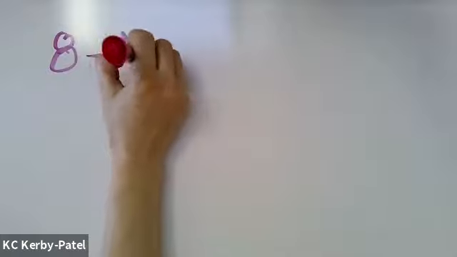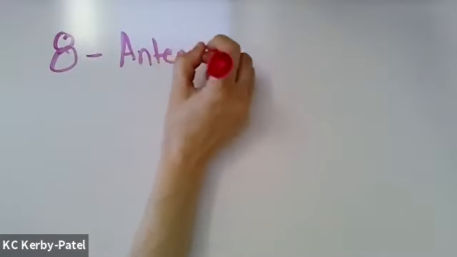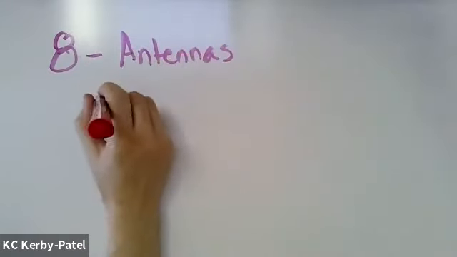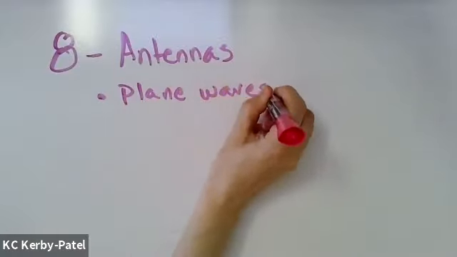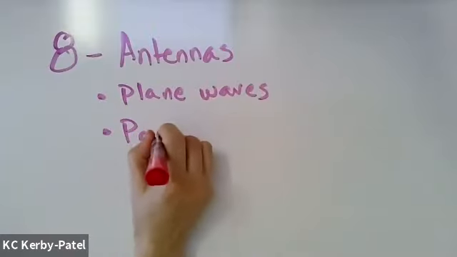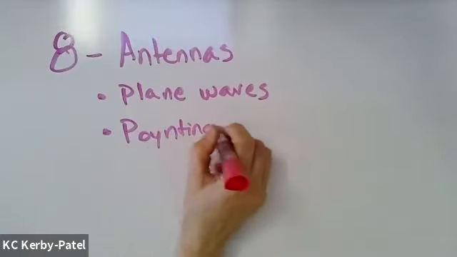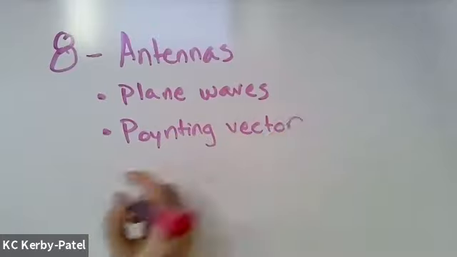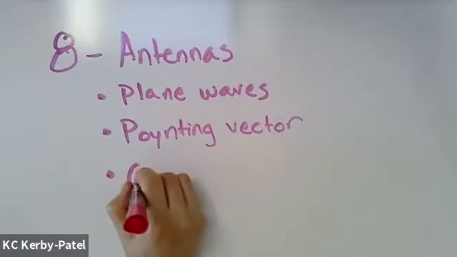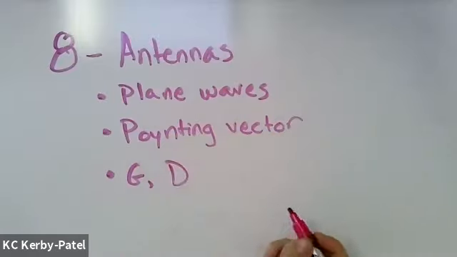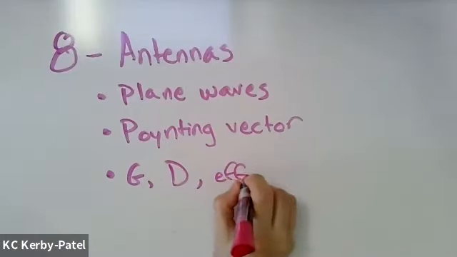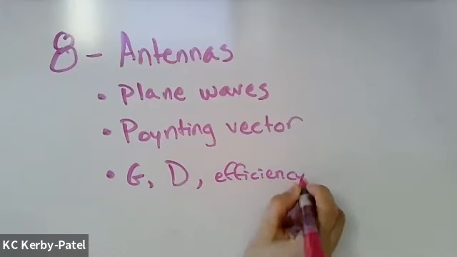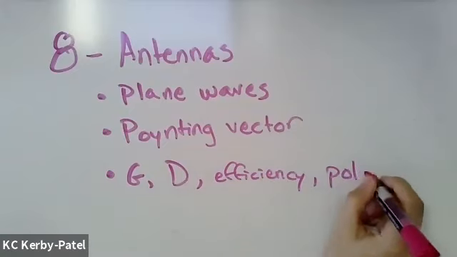And then we had chapter 8, antennas. We talked about plane waves again. We talked about the pointing vector. We talked about antenna metrics, so like gain, directivity, efficiency, and polarization.